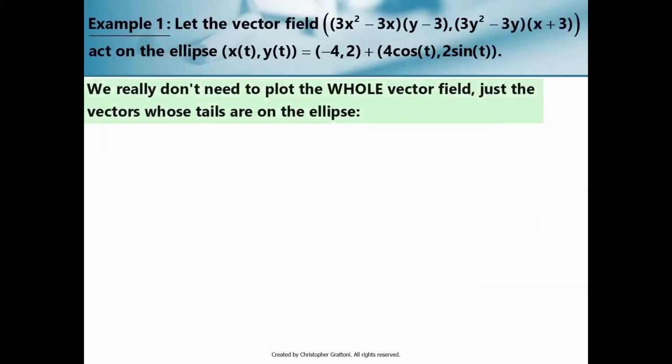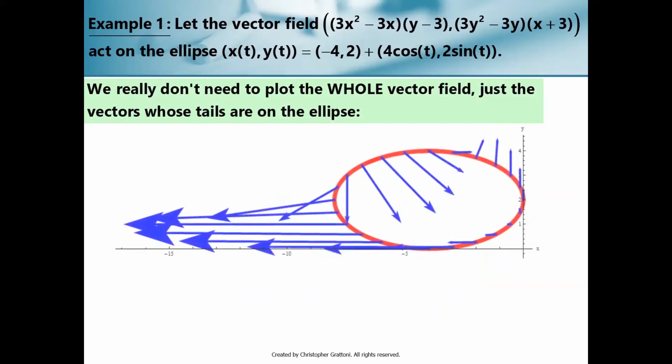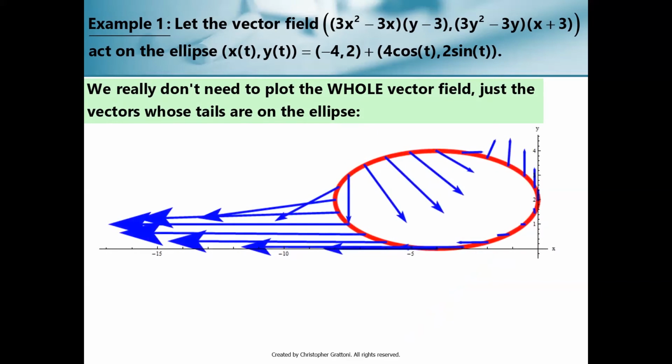So continuing with our example, we don't really need to plot the entire vector field to understand how the ocean current is going to affect our train. Instead, we just care about the vectors whose tails are on the ellipse. The idea here is if you want to know how this ocean current is going to affect your train as it loops around its track, you really just care about what the ocean is doing near the train.